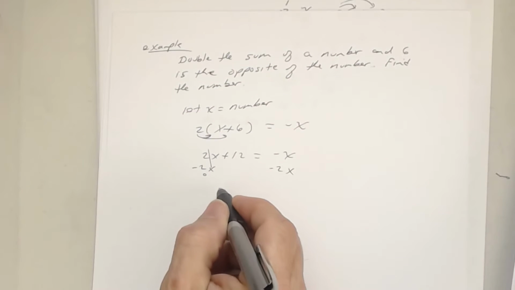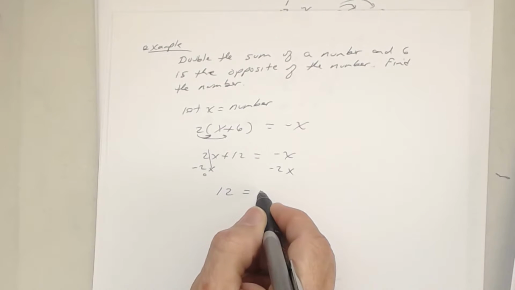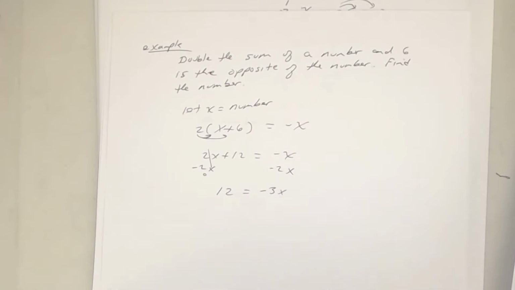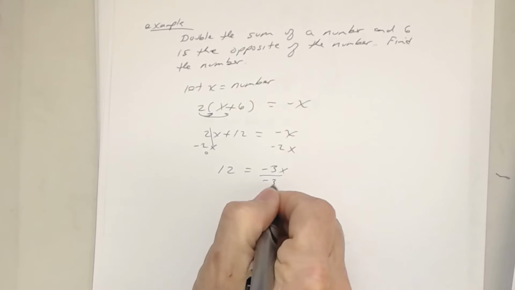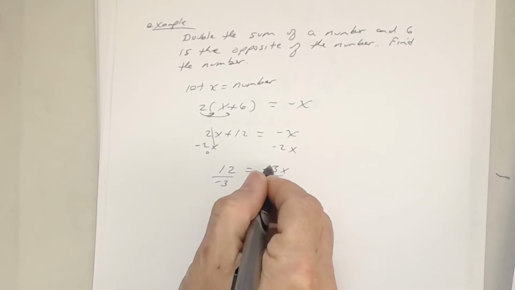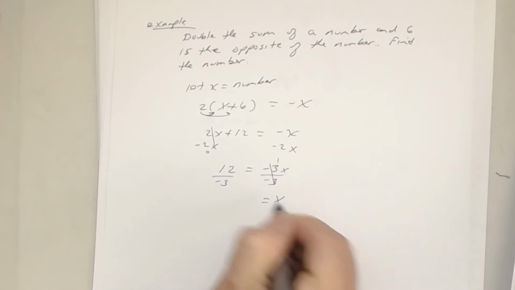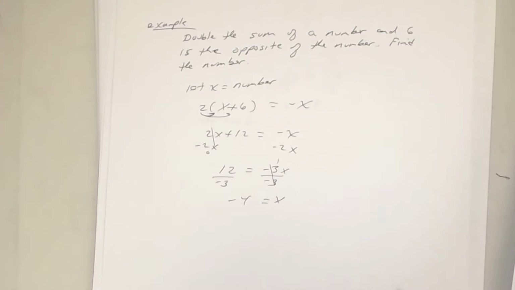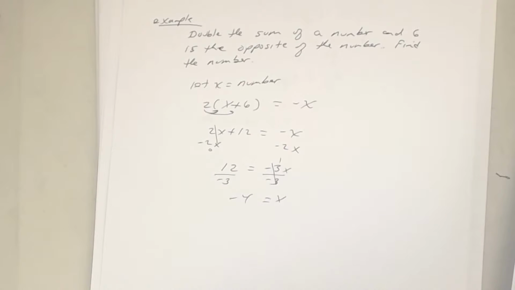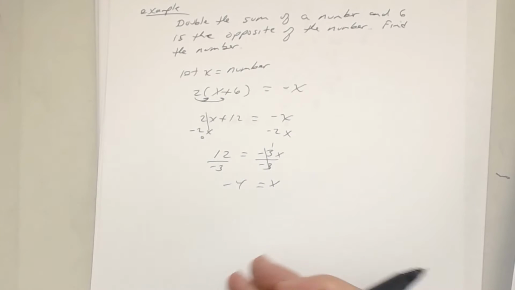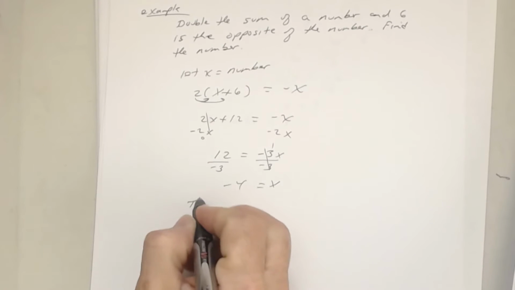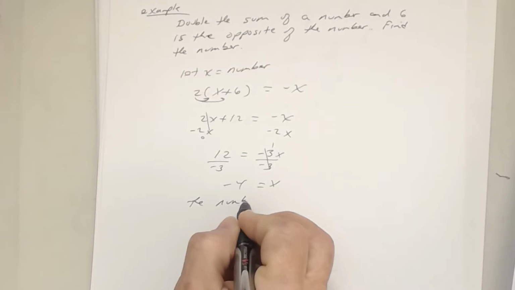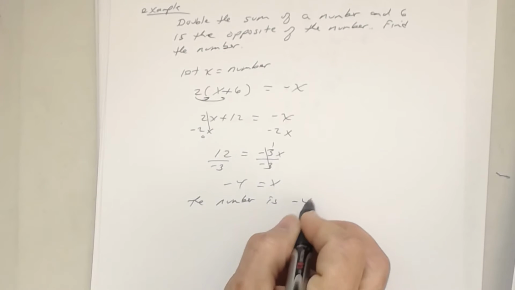So what's left? 12 equals negative 3x. Divide by negative 3. And so my number is what? Negative 4. So the solution to the equation is negative 4, which means that the number is negative 4.